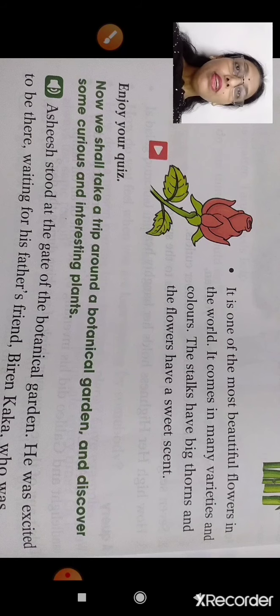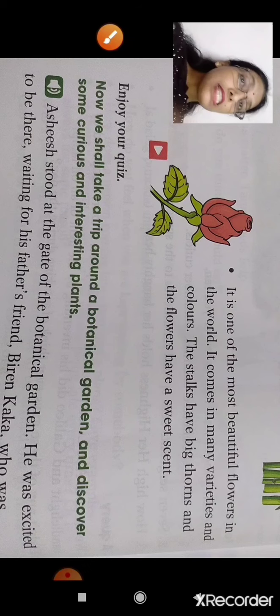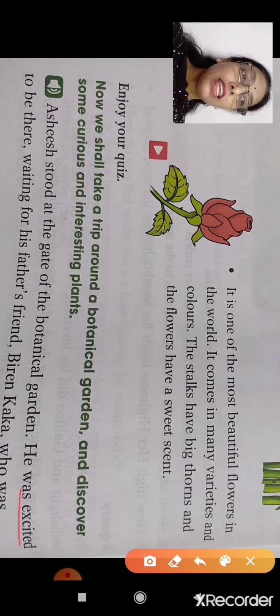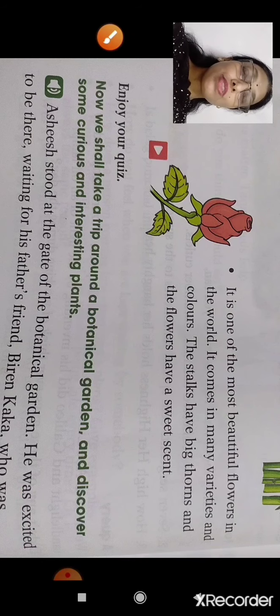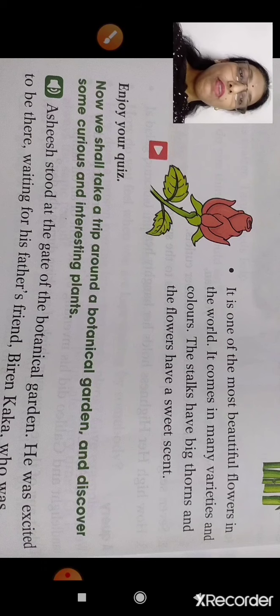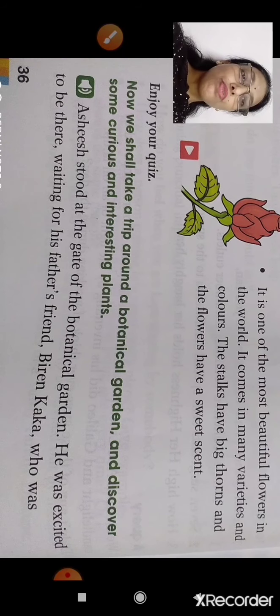Now we'll begin the reading. Ashish stood at the gate of the botanical garden. He was excited. What is the meaning of this word, excited? He was very curious. He was very happy to be there, waiting for his father's friend, Biren Kaka. What was the name of his father's friend?